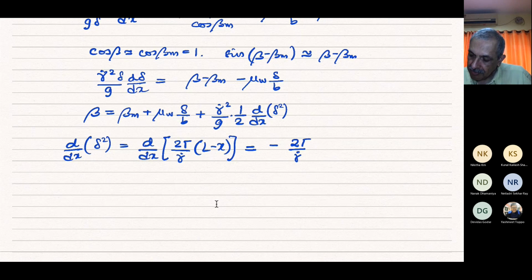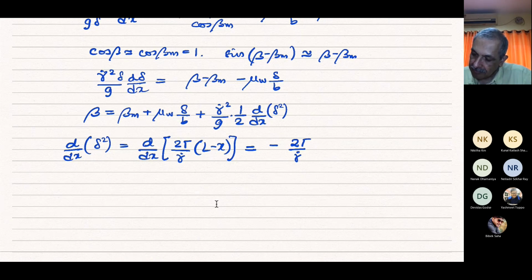And now if we substitute this back in there, then you will simply get beta is equal to beta m plus mu w delta by b minus, since this layer thickness is obviously reducing with distance, so obviously you'll get a minus term here.